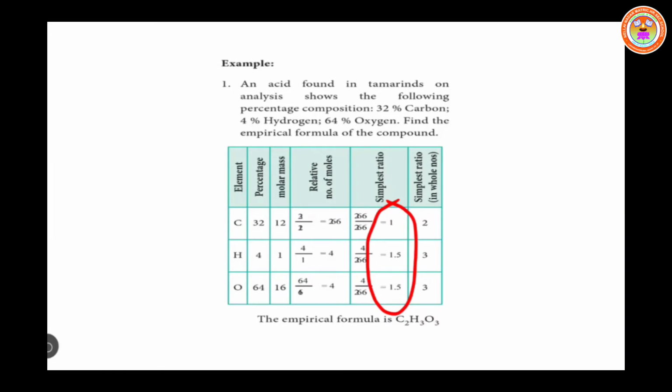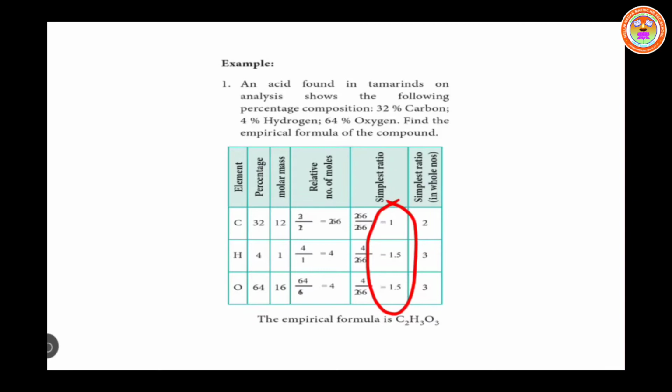Okay, children, here the values are in fractions; it is not a whole number. Since the simplest ratio is 1.5 for hydrogen and oxygen, the whole simplest ratio should be multiplied by a common number. Suppose the simplest ratio is less than 1.5, that is 1.3 or 1.4, we can write it as 1.